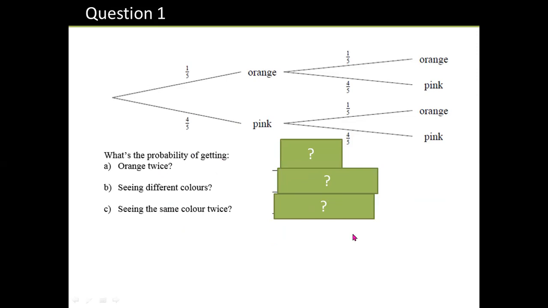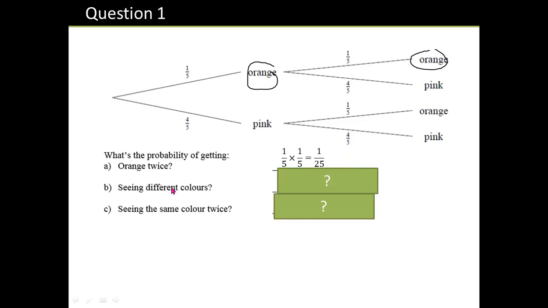You have one orange and another orange. Take note, the probability is 1/5 and the second is 1/5. So the probability is 1/5 times 1/5, which equals 1/25.